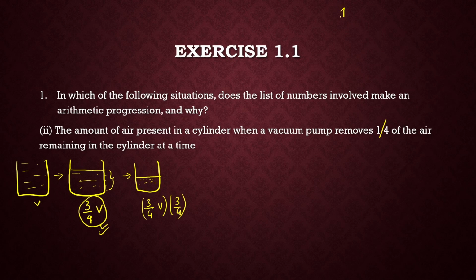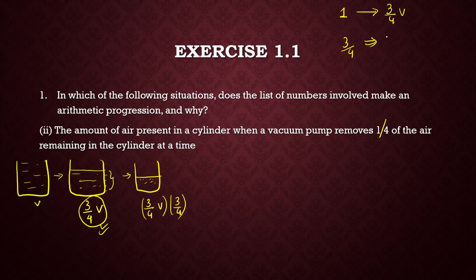If I consider the whole volume as 1, it is 3 by 4 V. Now from this I am removing 1 by 4, so I have to find the value of 3 by 4 of it.